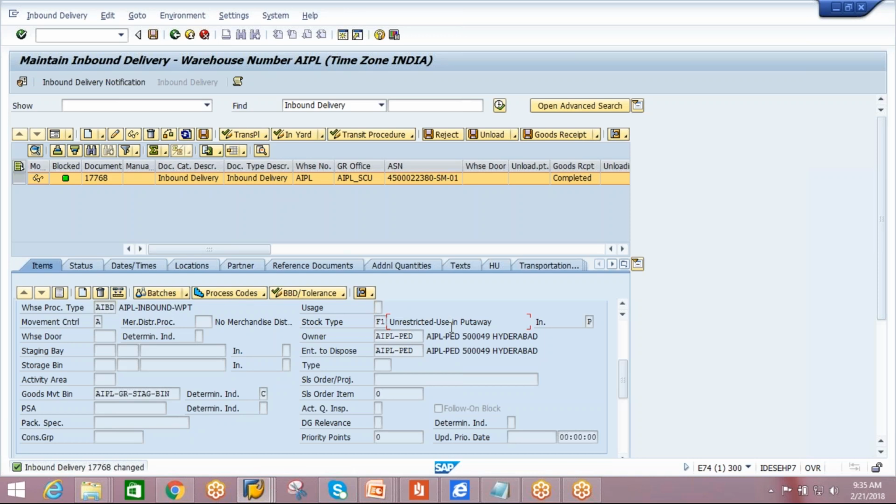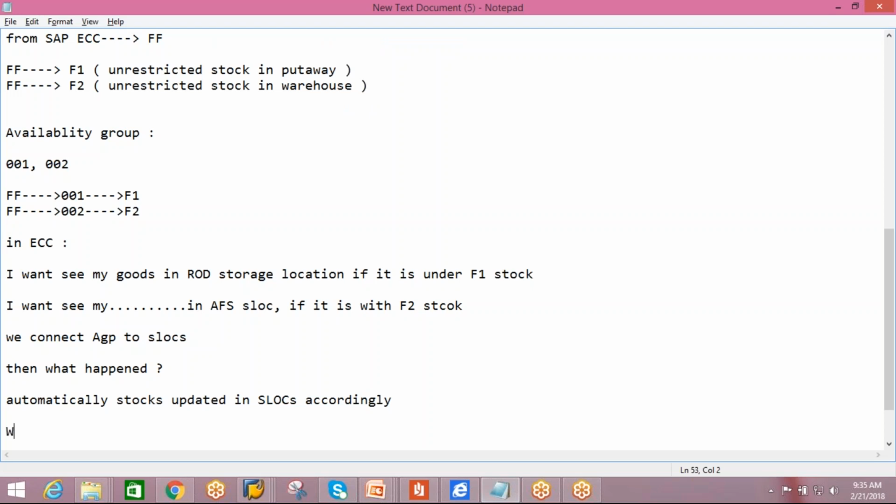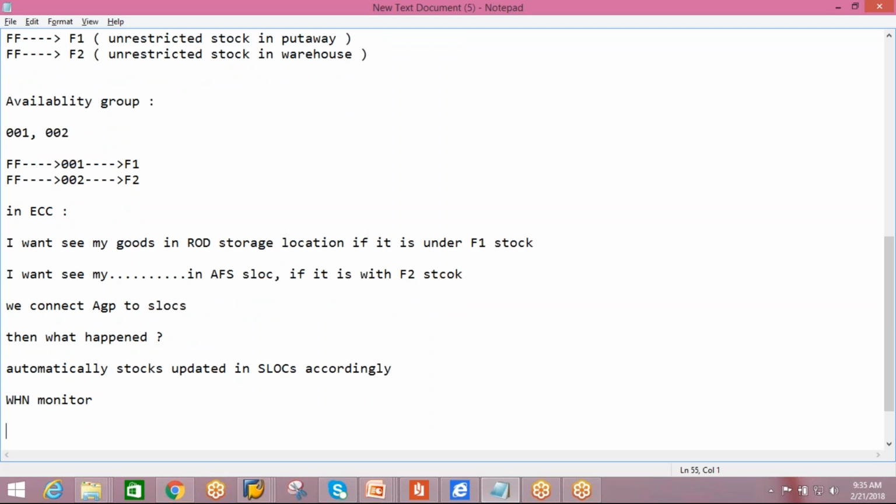Now here, before going further, very briefly we discuss one reporting tool, the warehouse monitor. The warehouse monitor is a centralized tool used for reporting within EWM, and we cannot find any other reports apart from this warehouse monitor.